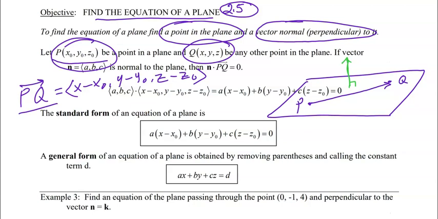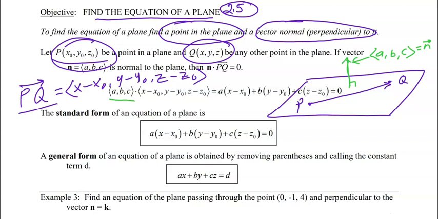Then we can figure out the equation of the plane. So the perpendicular vector is (A, B, C), which we call the n vector. A small n mostly represents a unit normal vector, but it doesn't have to be a unit vector. That's a normal vector to the plane.